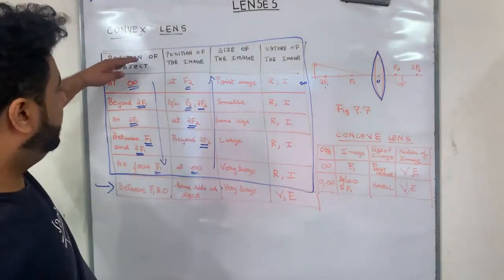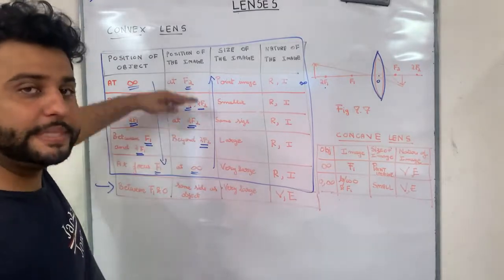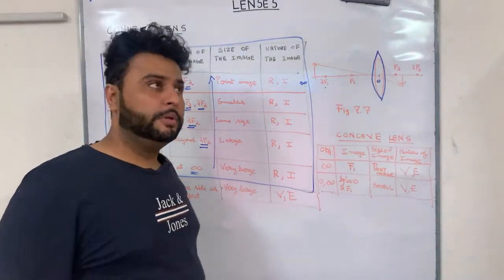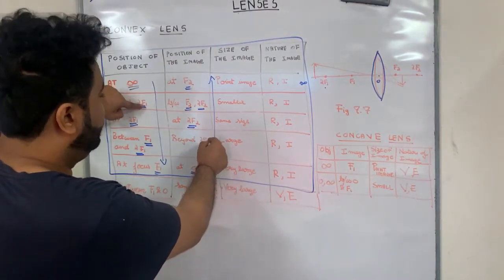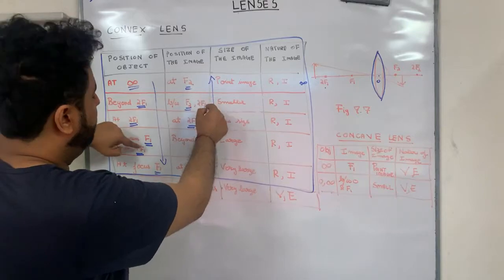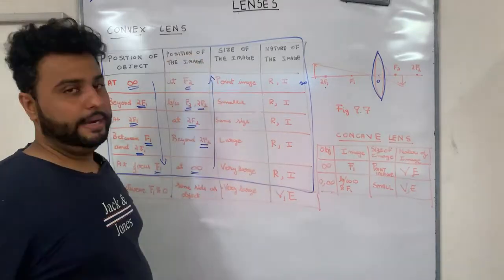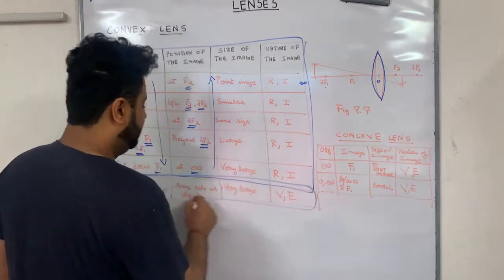Therefore, if you remember the position of the object, the position of the image is exactly upside down, but with f2. This last case I will do at the end as an exception case.